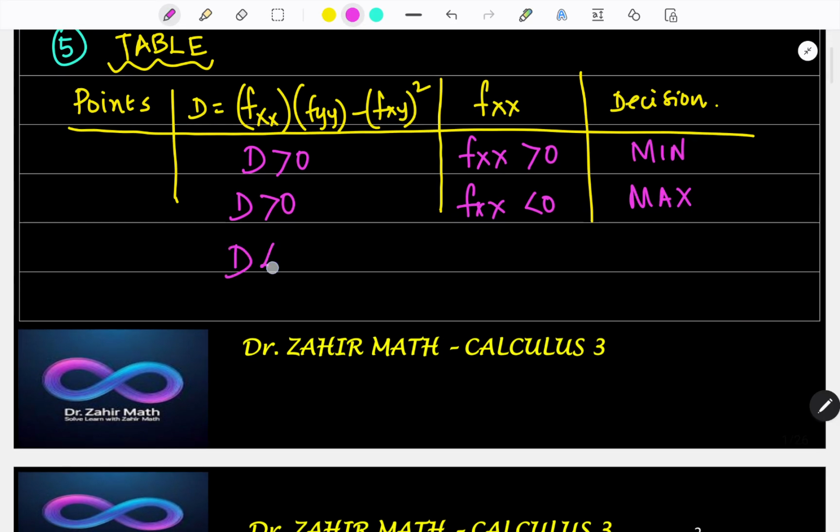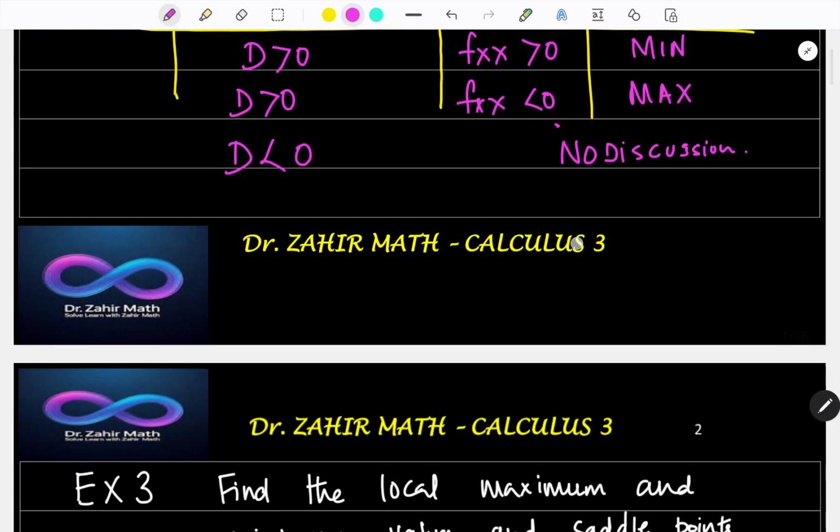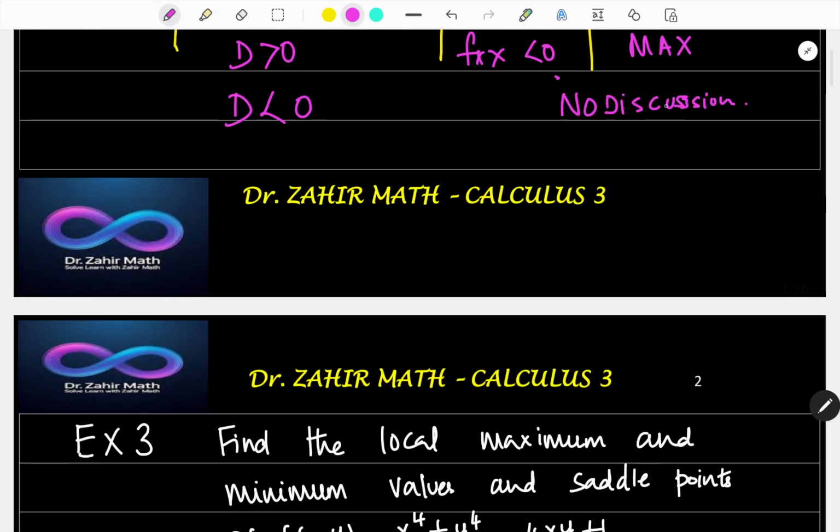Suppose D is less than 0, then there is no discussion and no decision. It becomes a saddle point. If D is less than 0, then it is called a saddle point of the function f.